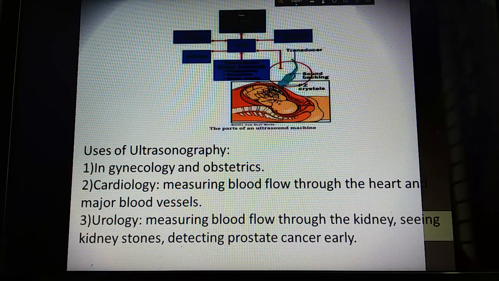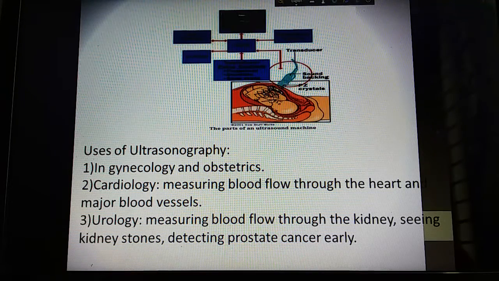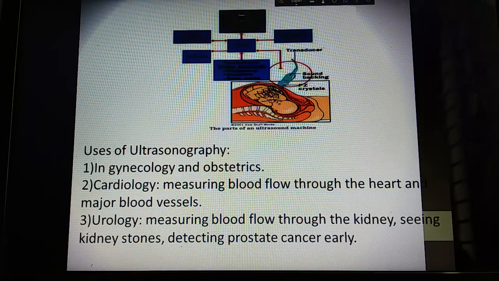here you can see the transducer contains piezoelectric crystals which are in contact with the body portion that will be examined, and that has a direct connection with the CPU. And after calculating all data, all calculations, the final image is displayed on the display.